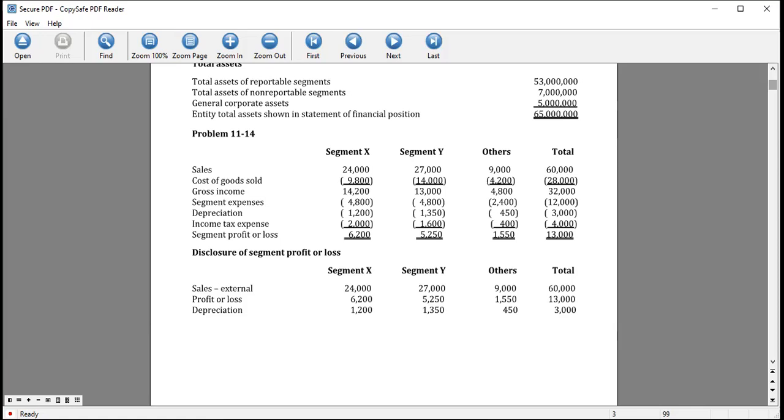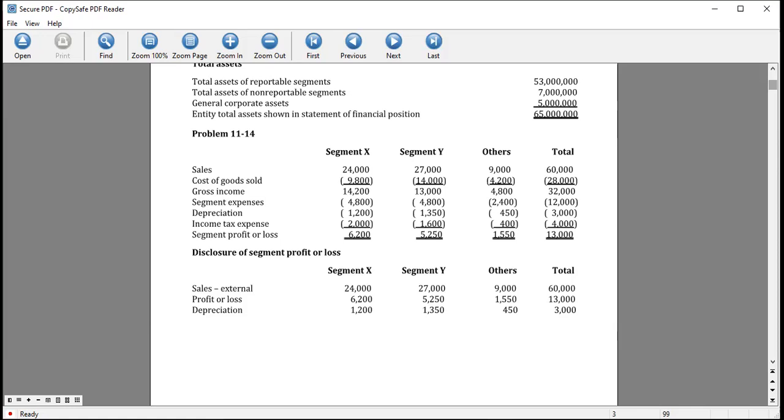Disclosure of segment profit or loss. So for segment X, sales, external, and profit or loss and depreciation. So for X, sales external X, 40% of 60 million is 24 million.